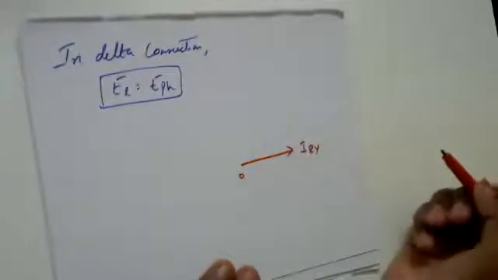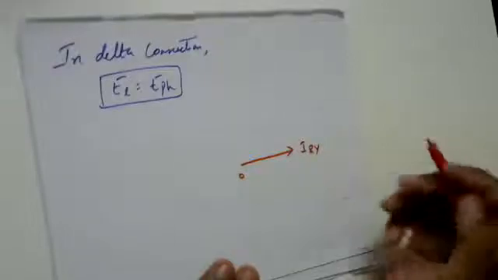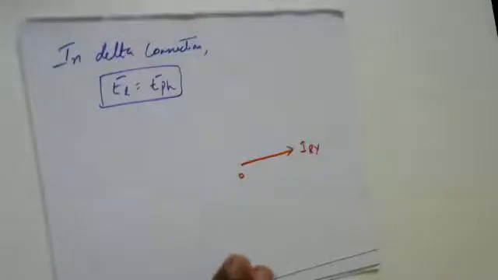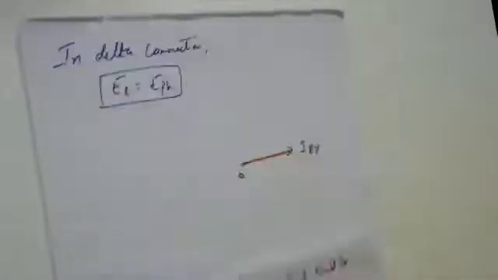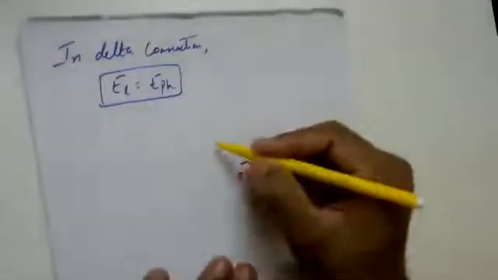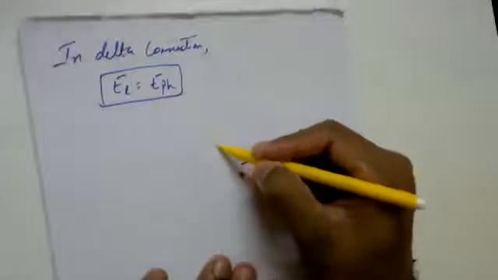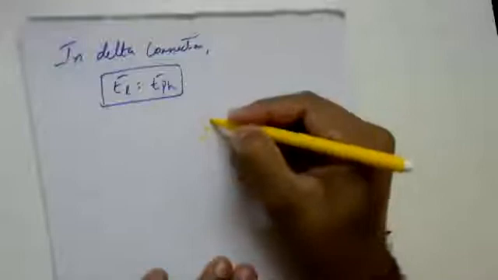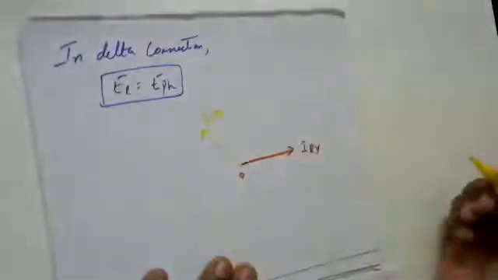Okay, then next is the current that flows through my Y phase, that is IYB. I am going to show that IYB such that it has an angle of 120 degrees. So this is my IYB.